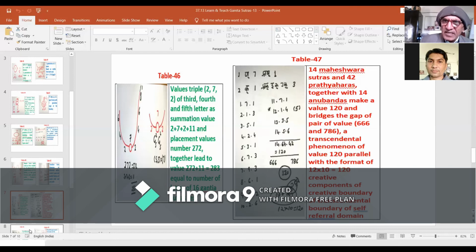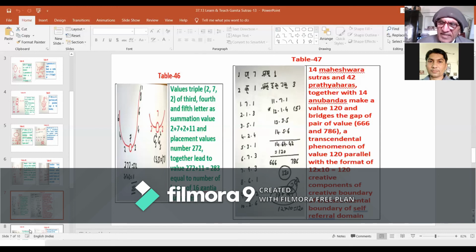We have seen that the four space format of the fourth letter is of creator's space hypercube four space format, and it is of fourfold manifestation layer 2, 3, 4, 5 of summation value 14.